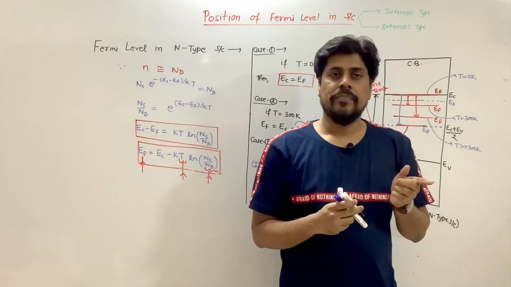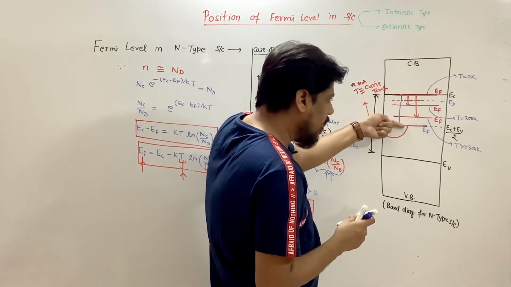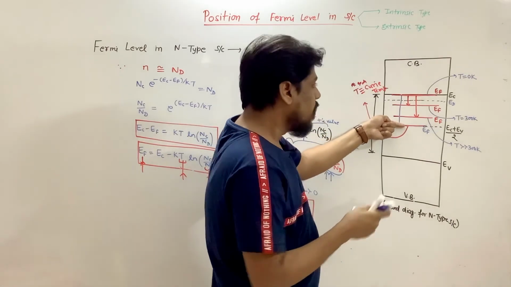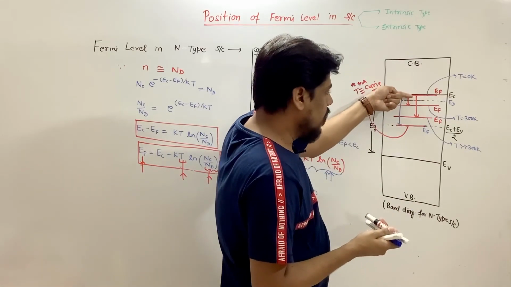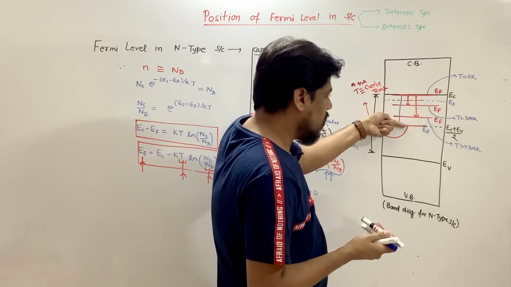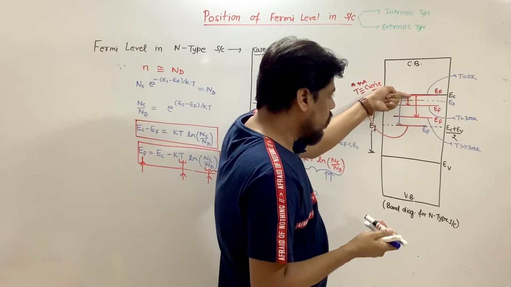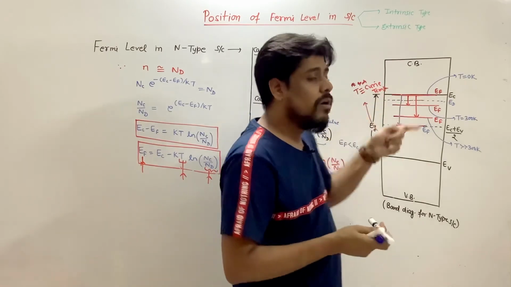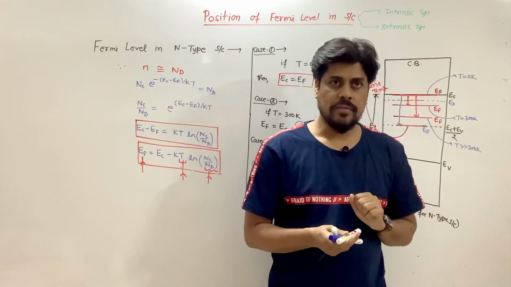It means that if the Fermi level shifts and reaches here, on increasing temperature the Fermi level is going in this direction, away from Ec, towards the mid of the band gap, or you can say conductivity decreases. Clear?